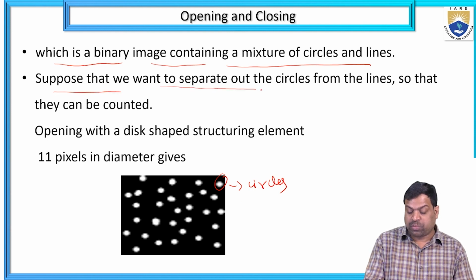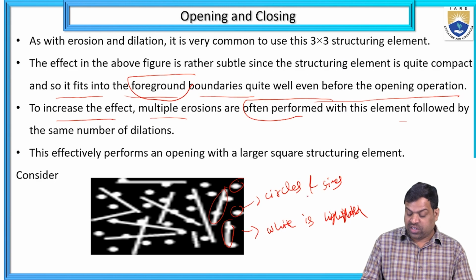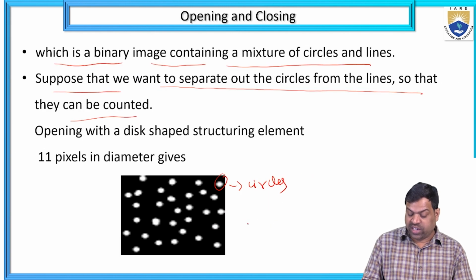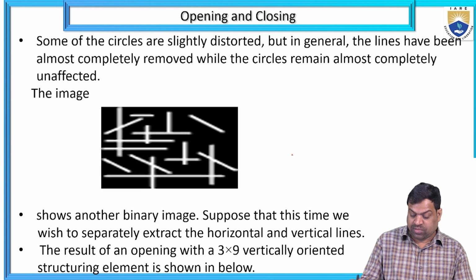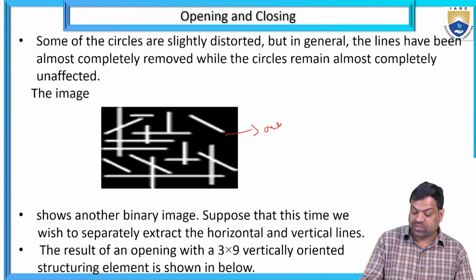Suppose that we want to separate out the circles from the lines so that they can be contoured. Here circles and lines are there. Here only circles. Here only lines.